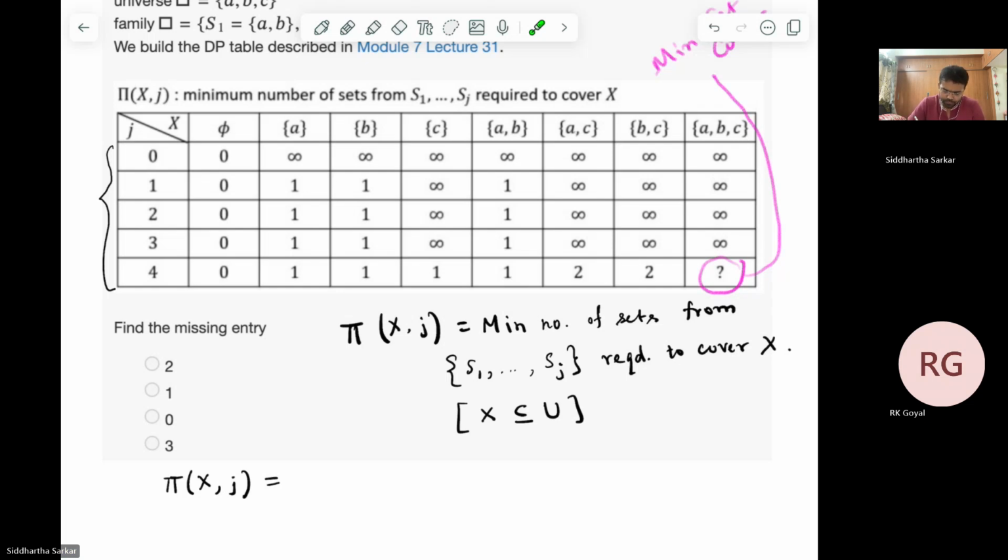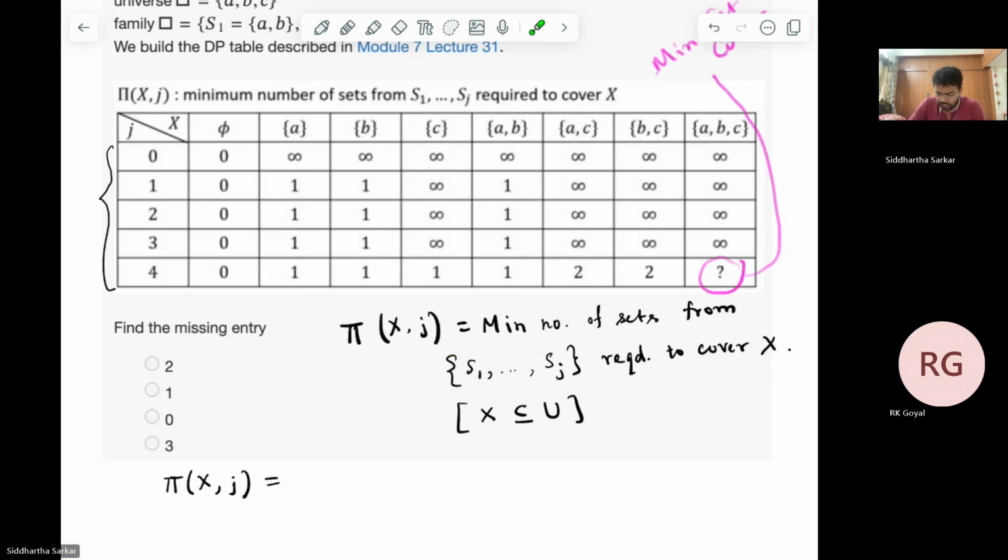Now we'll see what happens with the second parameter. The second parameter imposes the condition that you are not allowed to take anything other than the sets S1 through Sj.